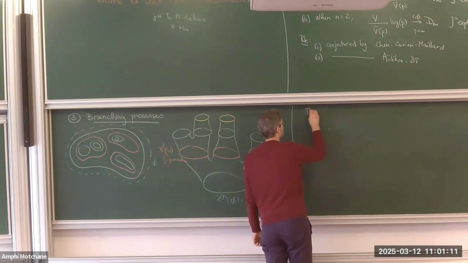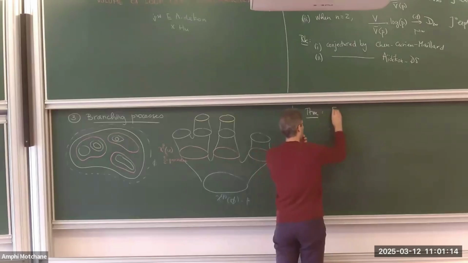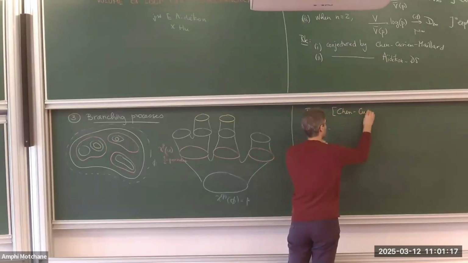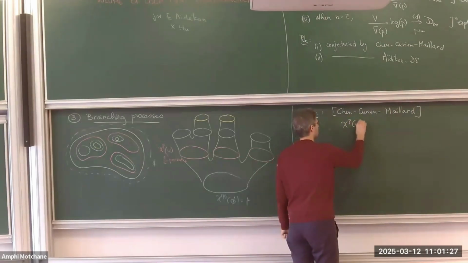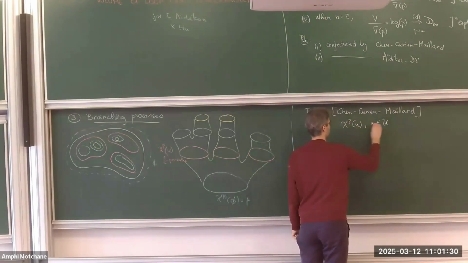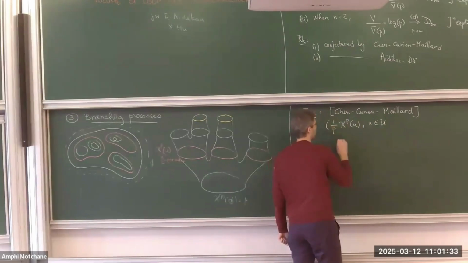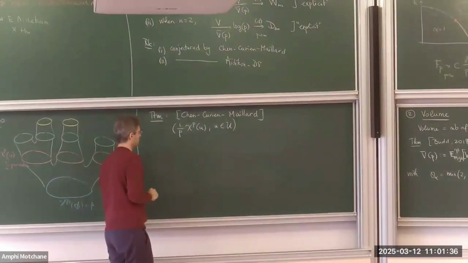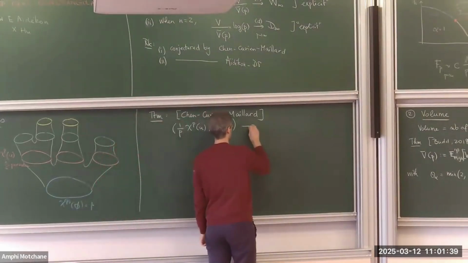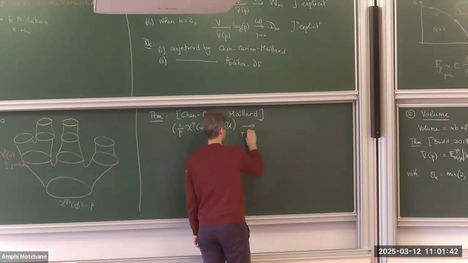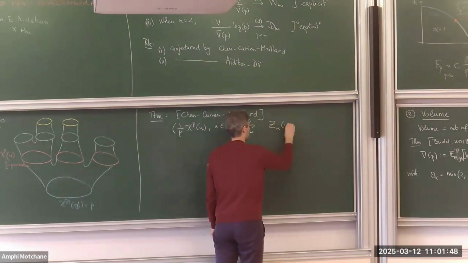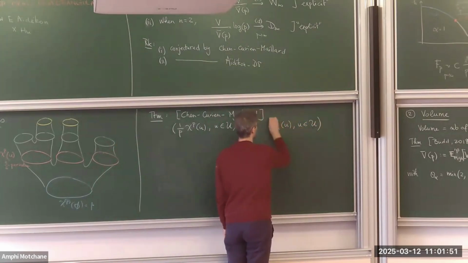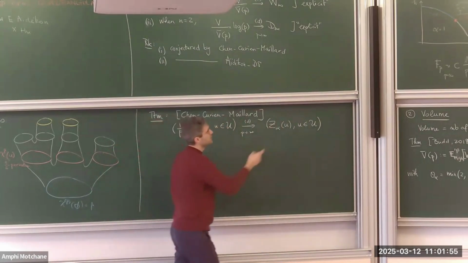And so one of the results that they get is, if you look at this collection for all nodes in your tree, and you divide by p, the half perimeter, this converges to some limiting object Z alpha, which is related to this exponent alpha.